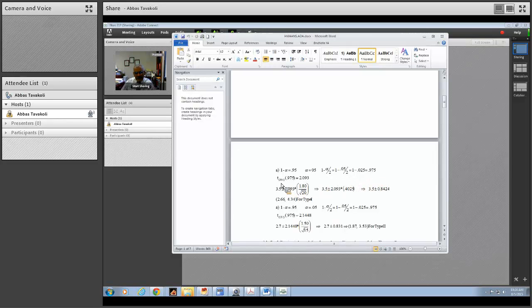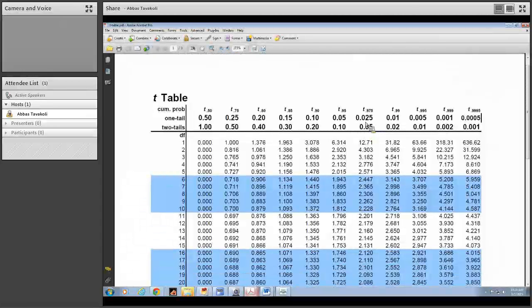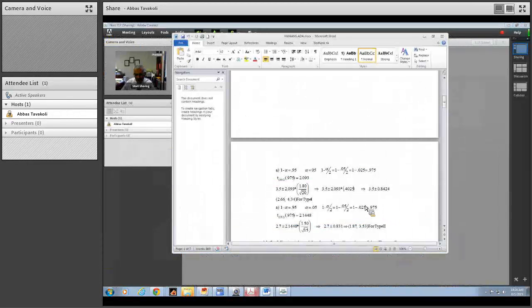So t with n minus 1, which is 20 minus 1, at 0.975. If you go to the t table for 0.975, you can see here with 19 degrees of freedom, 2.093 is the value we are looking for.